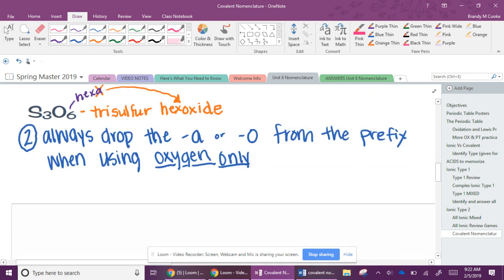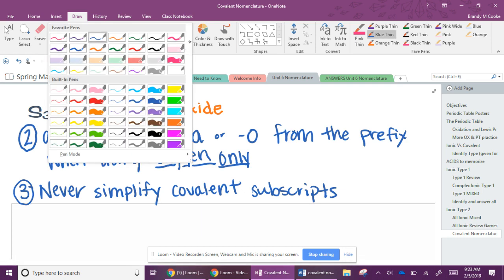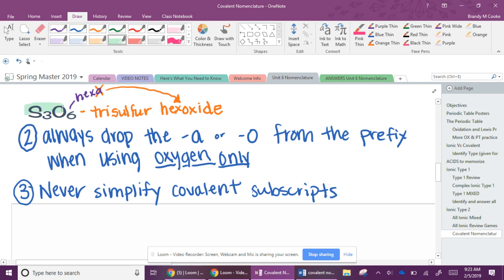Okay, and then finally, our third rule says that we can never simplify the covalent subscripts. For example, when you see this, you may be inclined to say SO2 because the 3 and the 6 simplify.